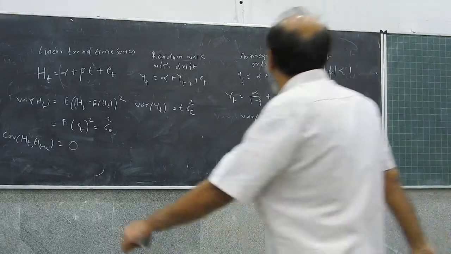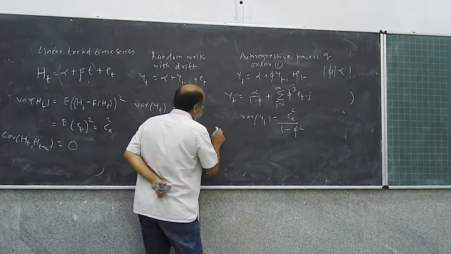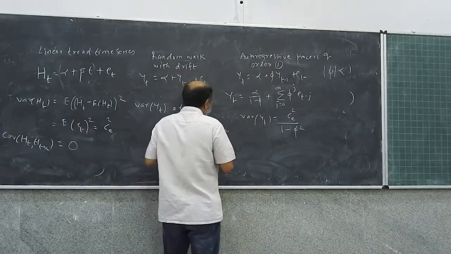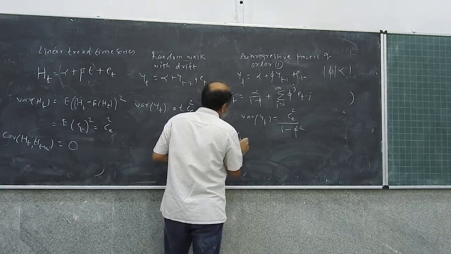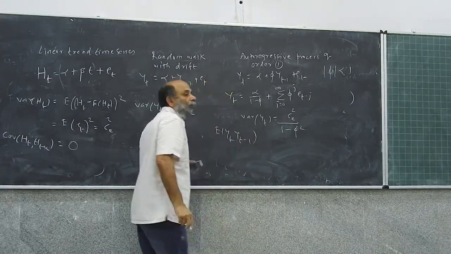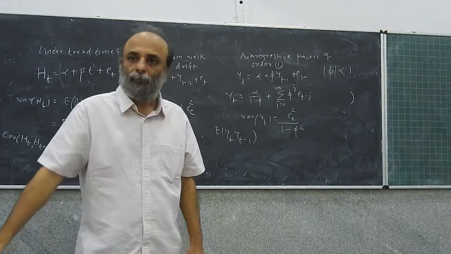Right. Now here, if I ask you to find the covariance of yt and yt minus 1, what will that be?